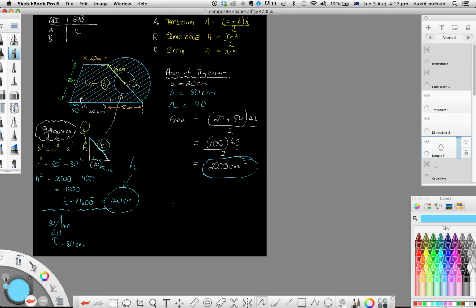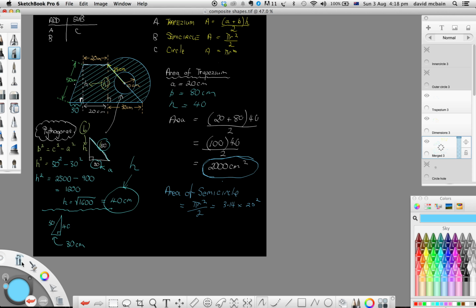So the area of the semicircle will equal pi r squared over 2, which will equal 3.14 times the radius of our semicircle, which was 25. From here to here is the radius of our semicircle, so times 25 squared.